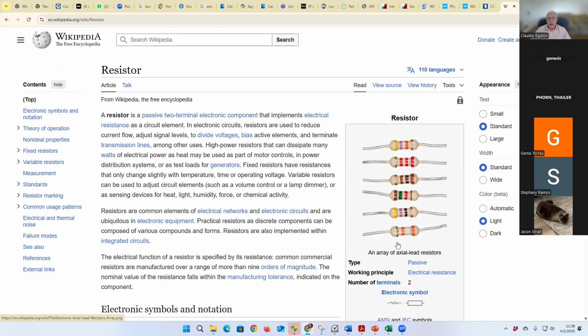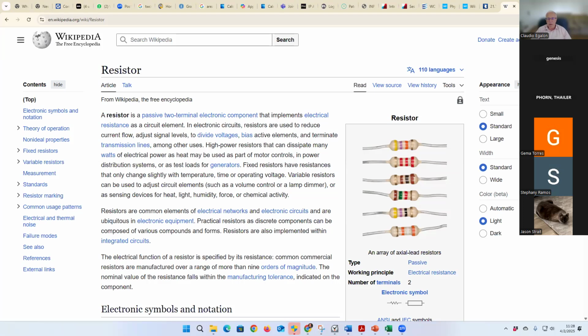Those resistors all come with this color code that you see here. This color code is used to tell you what the resistance of the resistor is. At the time that we didn't have multimeters widely available, we used this color code to tell the resistance value of the resistor.